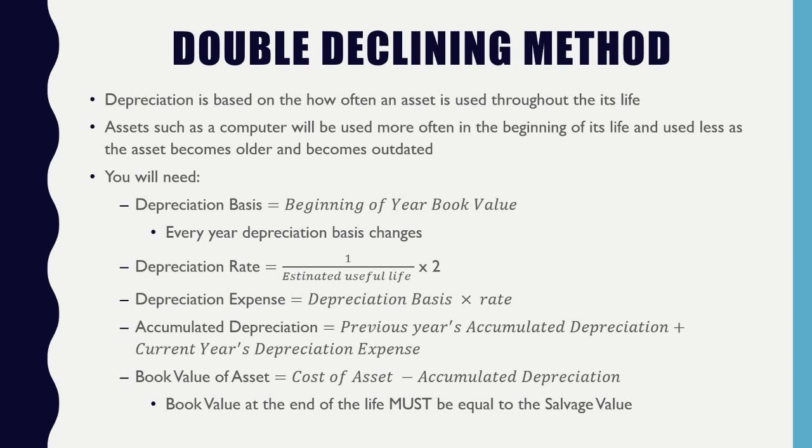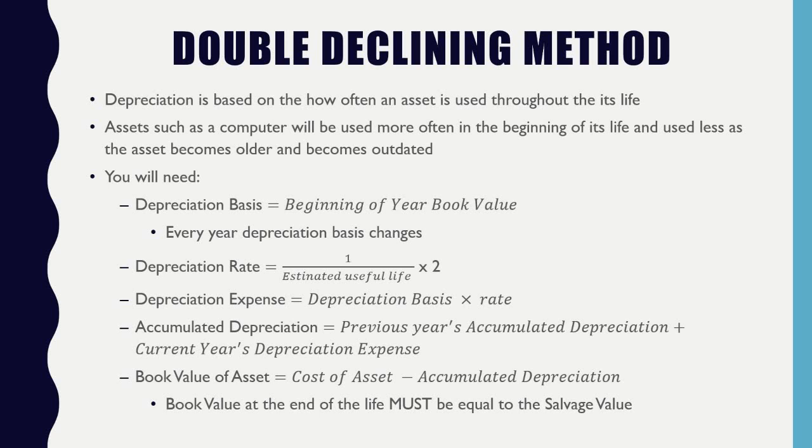So that's the same idea here, where you're taking the total cost and determining the book value of it, and that's what's going to be your depreciation basis. So we're focusing primarily on book value. All right, so that's the first formula.